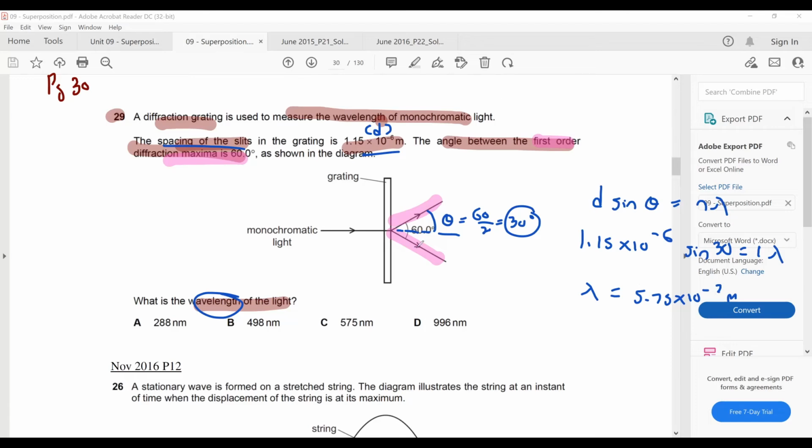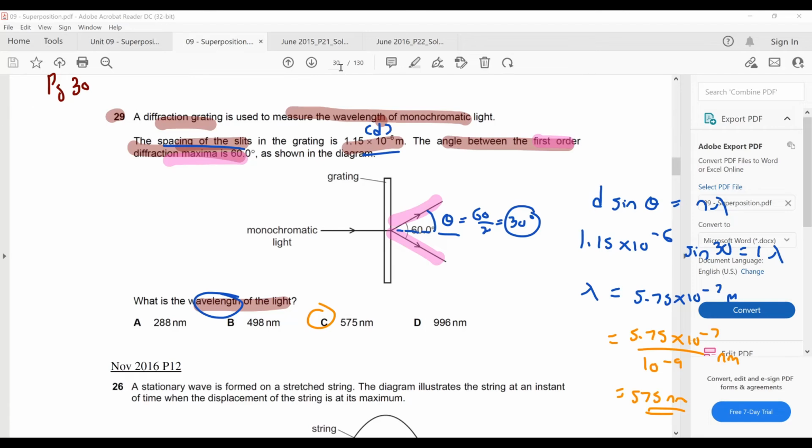Change to nanometer: 5.75 times 10 power minus 7 divided by 10 power minus 9 is 575 nanometer. Let's say C. Okay, so this one is all right.